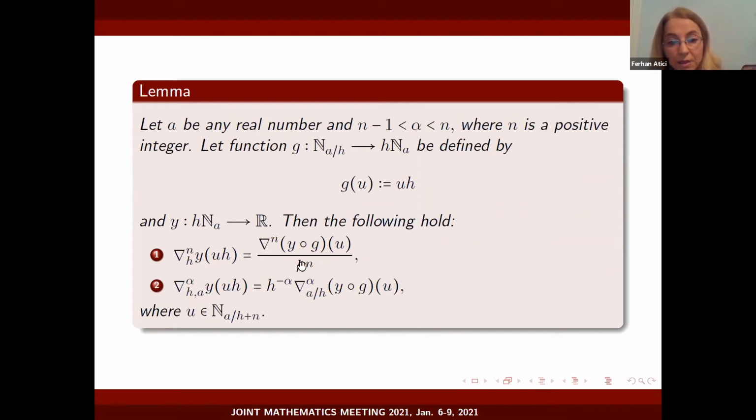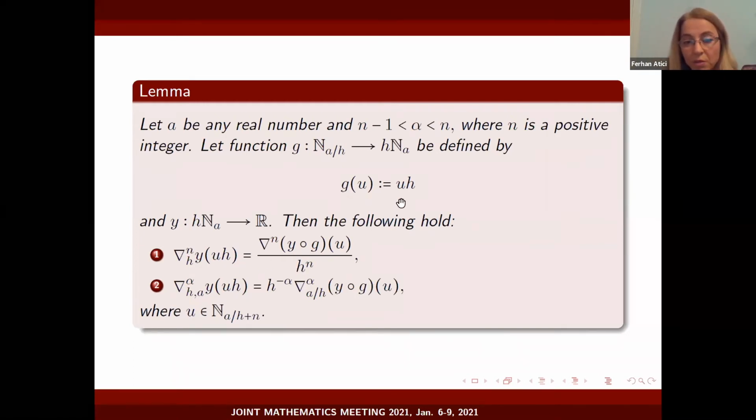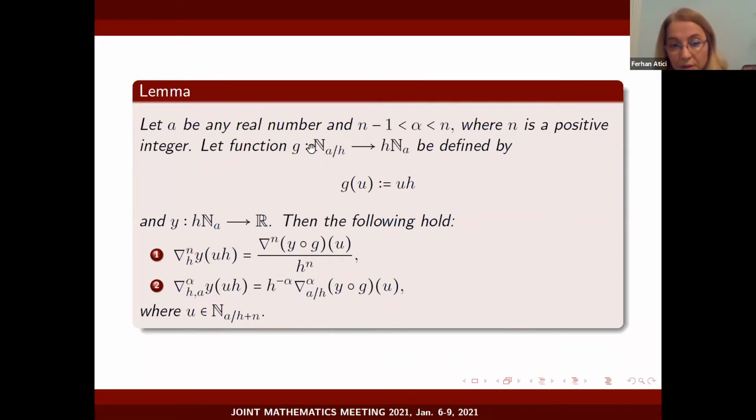But there is such a relation, and this relation gets into place once you have this function g defined on this discrete domain, h and a sub a. So we have such a relation. Once we have this relation, we can also talk about the relation between fractional sum operators as well as fractional difference operators. That's what we do.